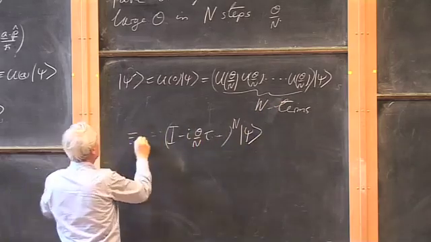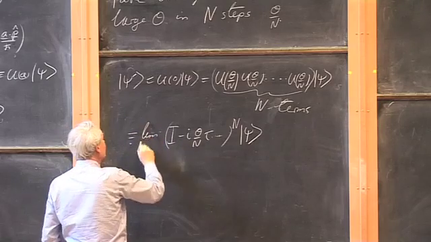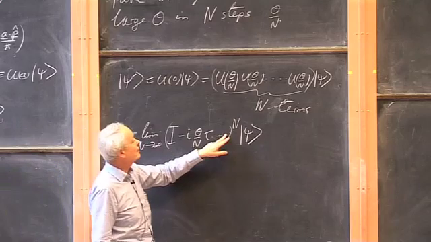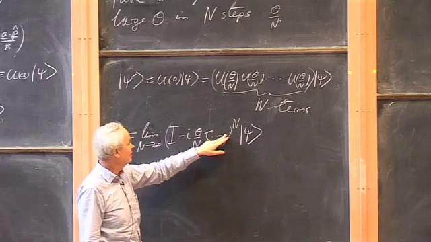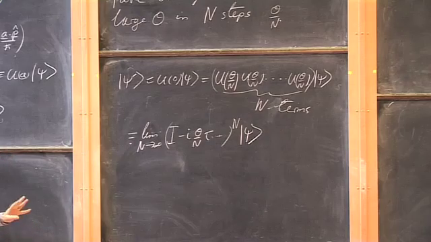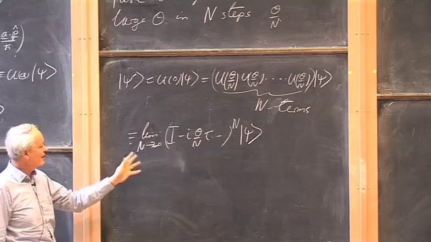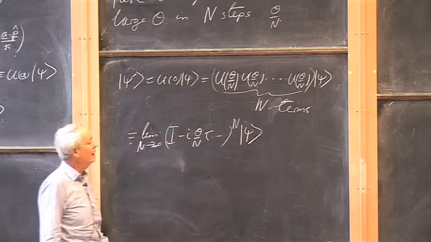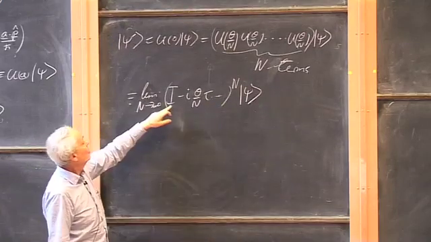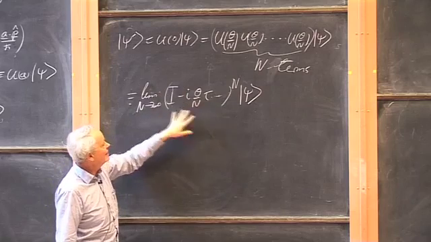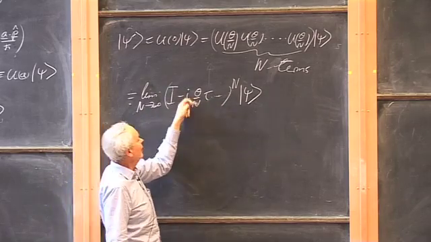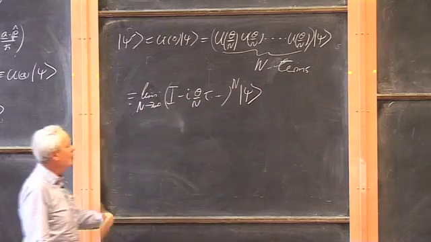And now we take the limit as n goes to infinity to be completely sure that this plus dot dot dot stuff can be neglected, right? This plus dot dot dot stuff is order theta over n squared. So to be sure it can be neglected, we can go to the limit n to infinity. And then we have a theorem of calculus that 1 plus a bit plus something over n raised to the nth power goes to an exponential.